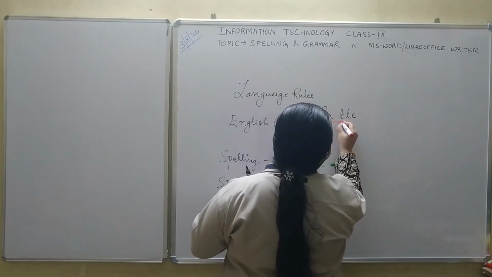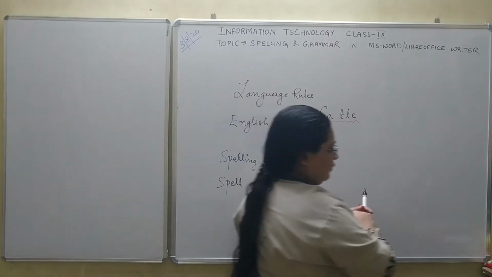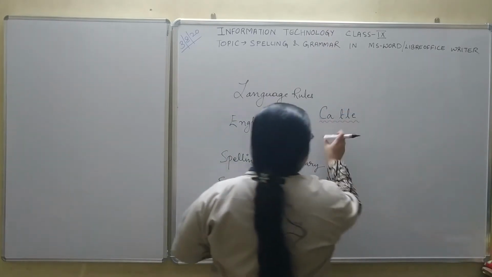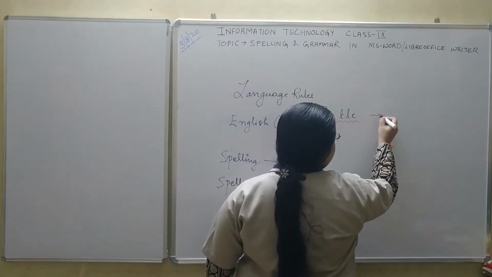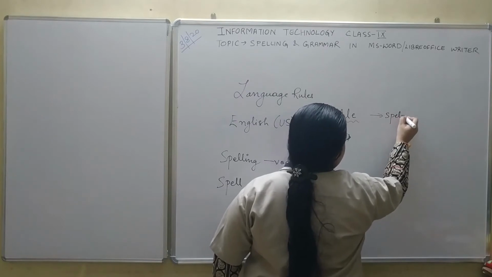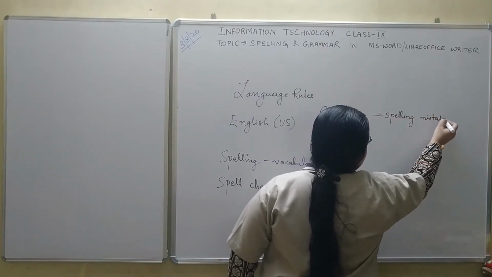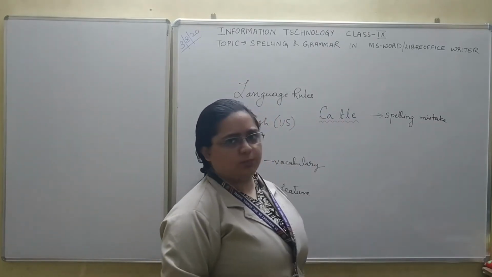A red wavy line will appear just below the word, which indicates that there might be a spelling mistake in this word. And because there is a spelling mistake, it needs to be corrected.